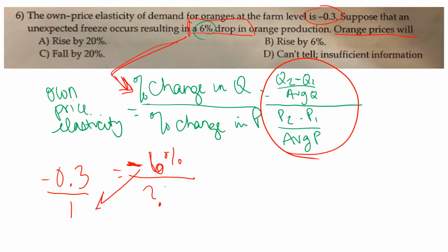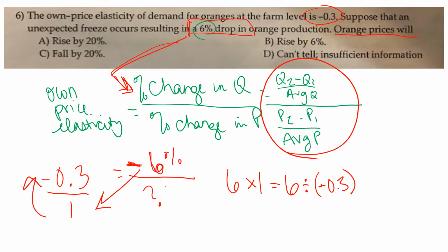So I just cross multiply and divide up. I go 6 times 1 equals 6, and then I divide that by negative 0.3.